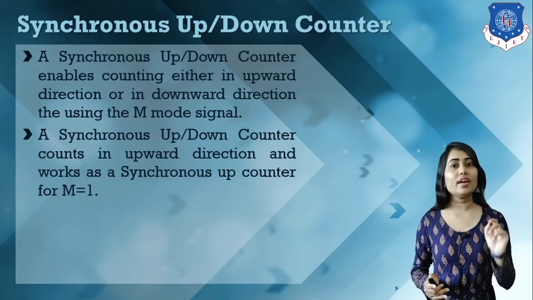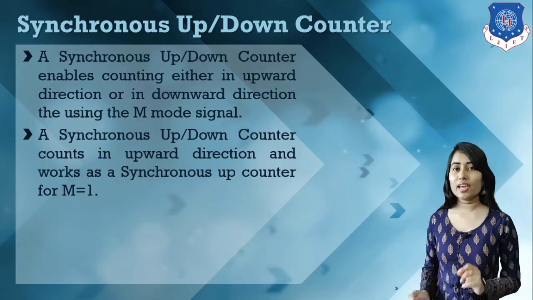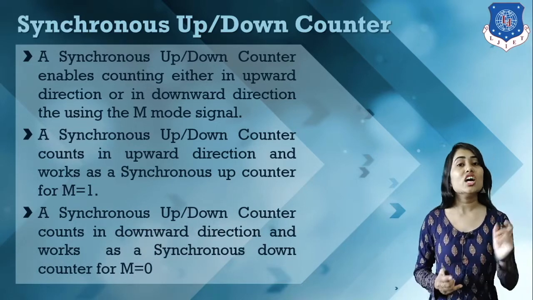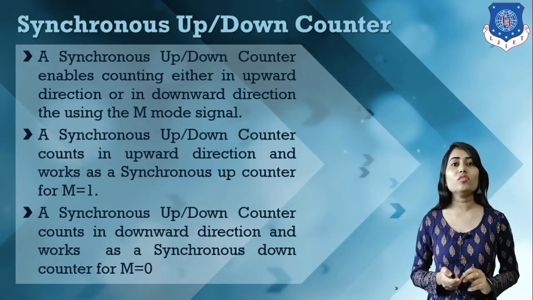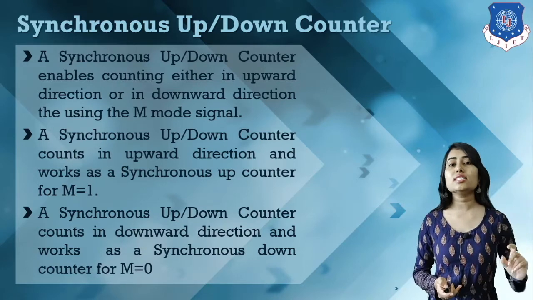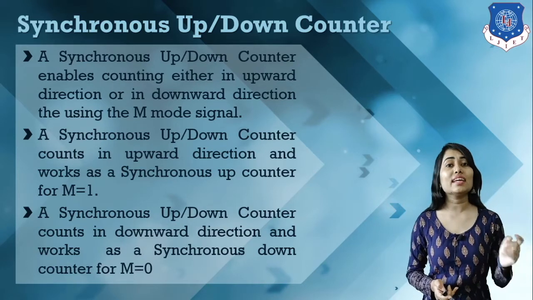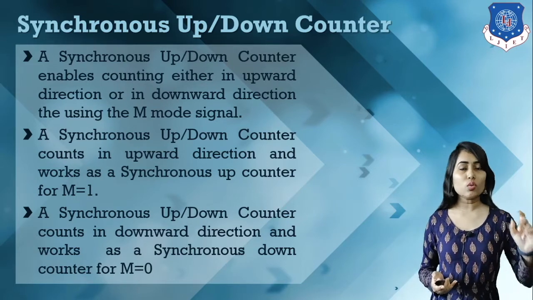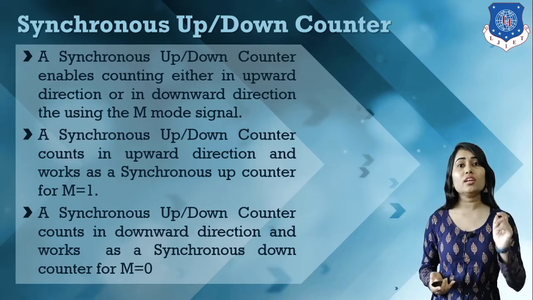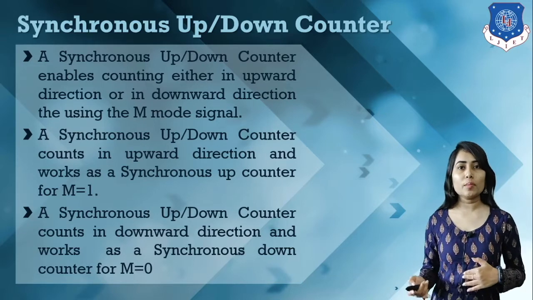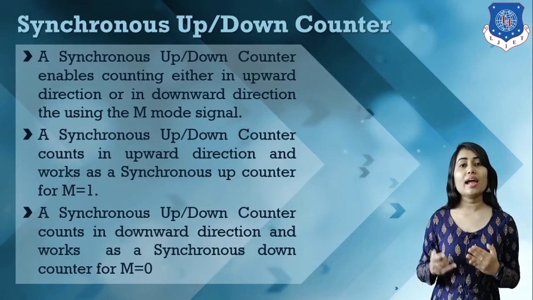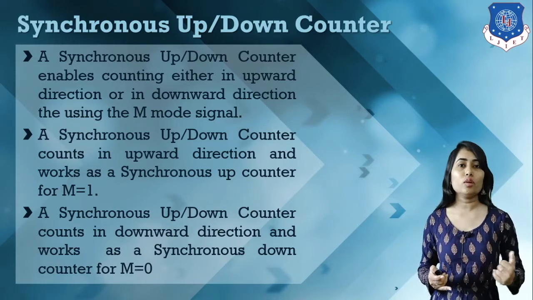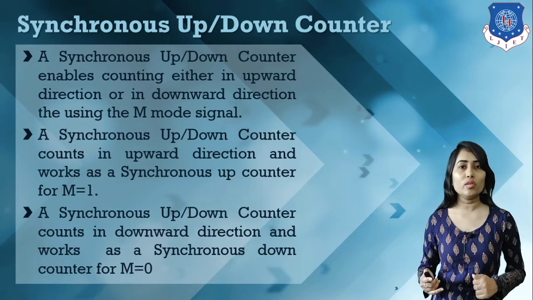If M is equal to 0, then this counter will work as a synchronous down counter and it counts in a downward direction. So using this one mode signal we can apply input combinations, and according to that we have our output characteristics either in an upward direction or in a downward direction.